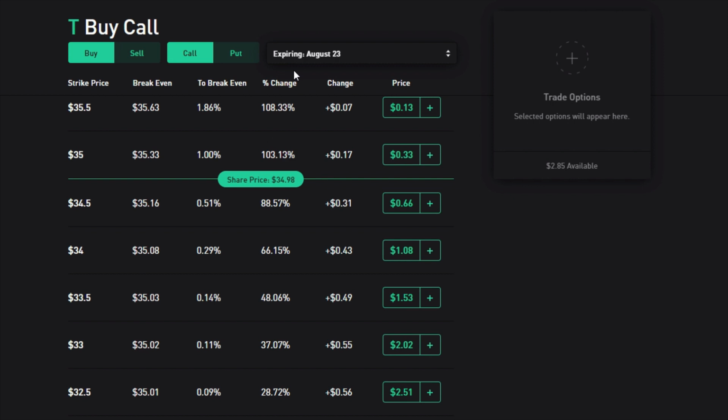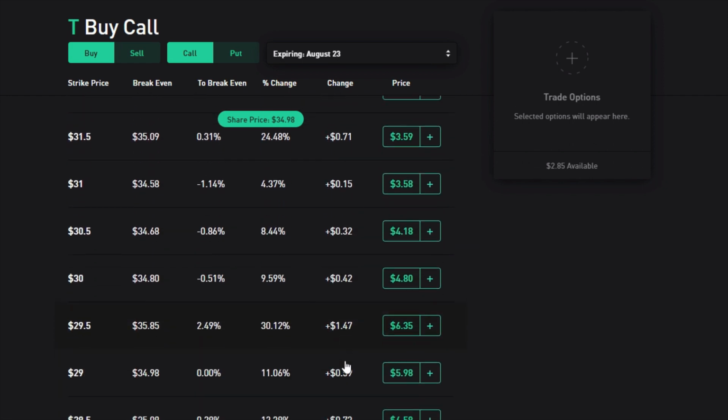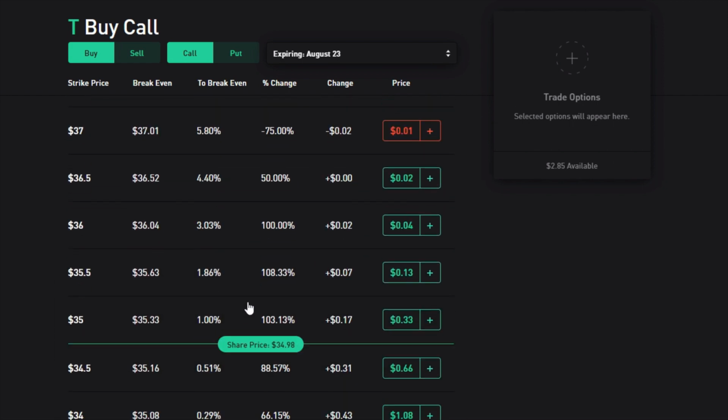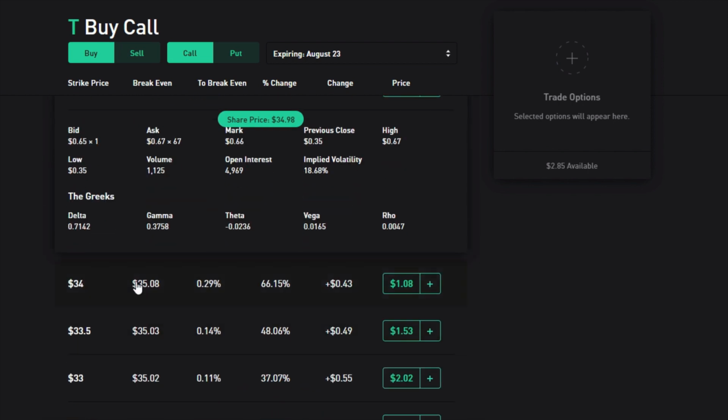The option delta will increase as the option gets deeper into the money. So we're going to be looking at calls here, and each one of these calls is getting deeper in the money, and the delta will be going up on each one of them. So this is the first in the money delta, 71. The next more in the money should be higher than the 71, and so on.